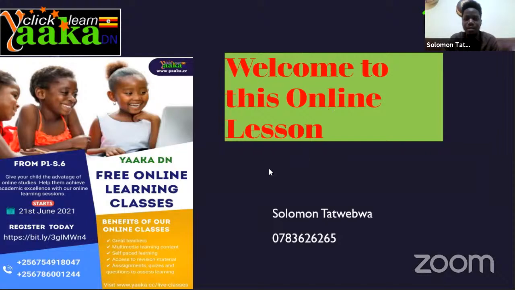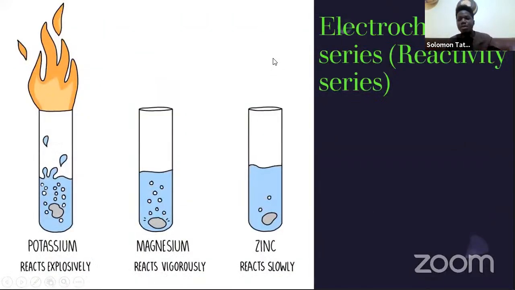Okay, so today we'll be looking at electrochemical series or reactivity series. Last time we looked at something that led us to this. Who remembers what we looked at last time?